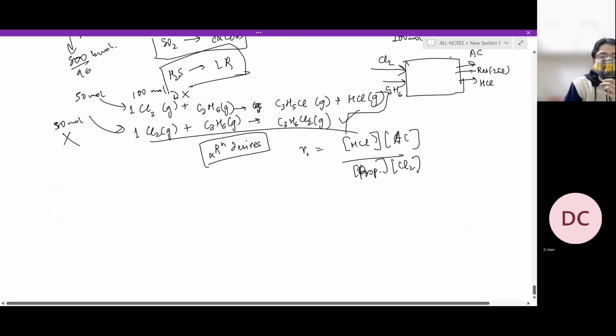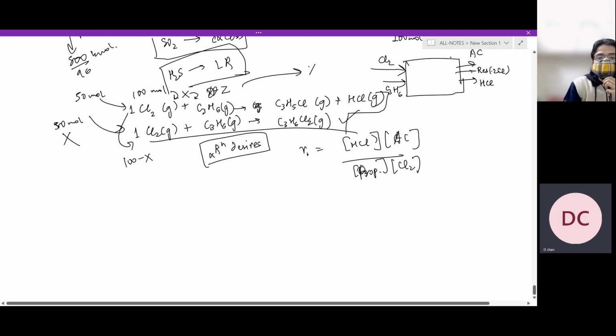Maybe X moles are being consumed here, then 100 minus X moles here. And once you distribute these X moles over both reactions, the X might not be entirely consumed. Maybe only Z is being consumed.